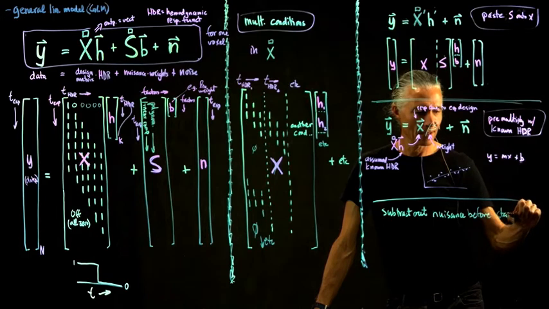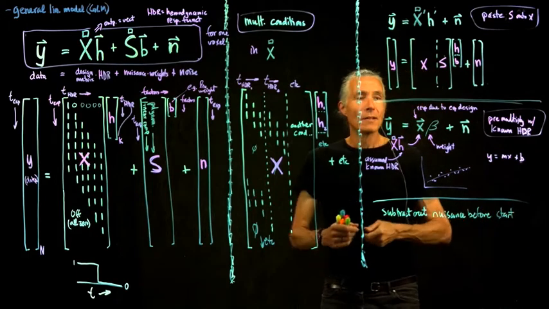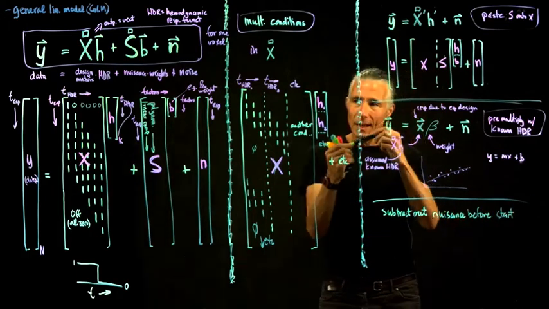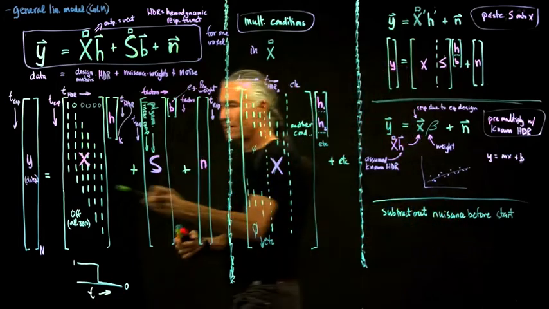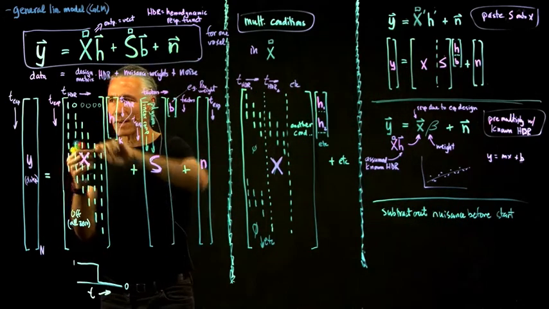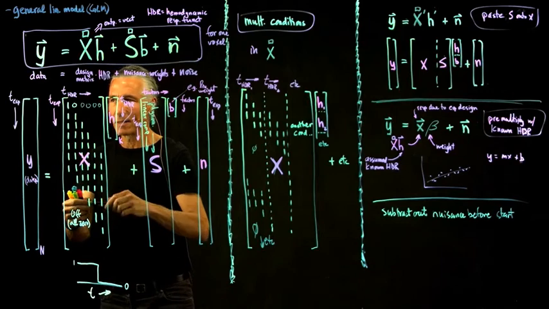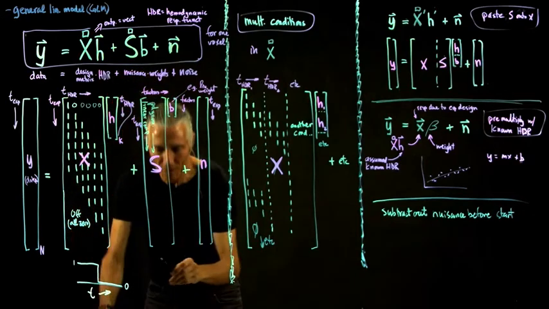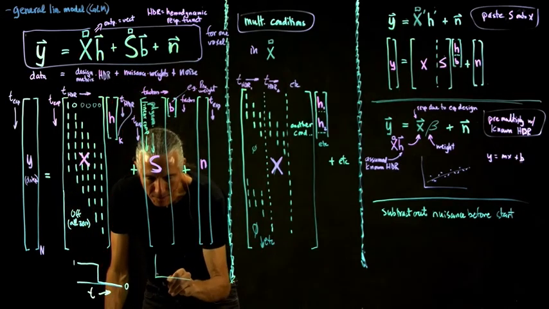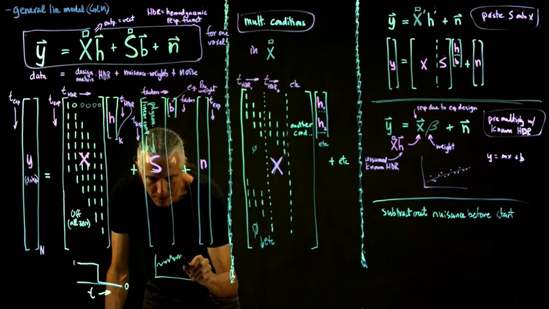For instance, we just fit a line to our data, and then just subtract off that line so that we get the data down around 0.